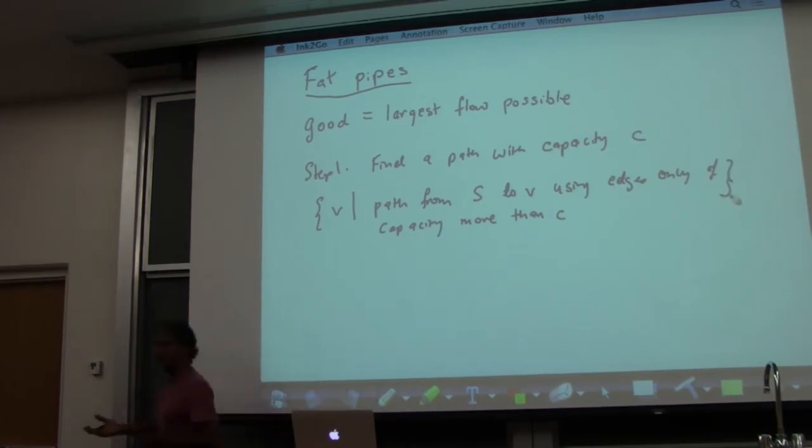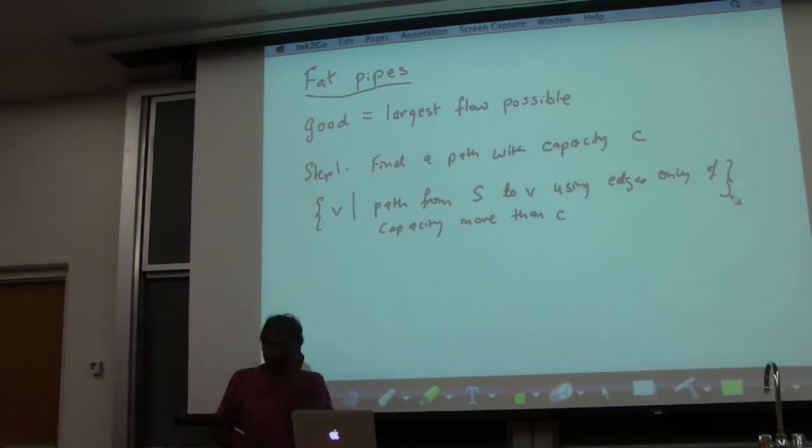So I found this path with capacity C, which is the best path possible, and now I construct a set of vertices. So first of all, I claim this is a cut set. In other words, it contains S and it does not contain T.